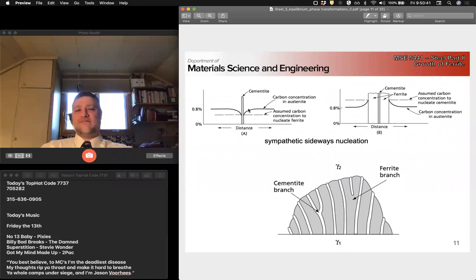Right? And the same thing with the ferrite, right? The faster I can diffuse this in, the better, right? The wider my ferrite layers are going to be.